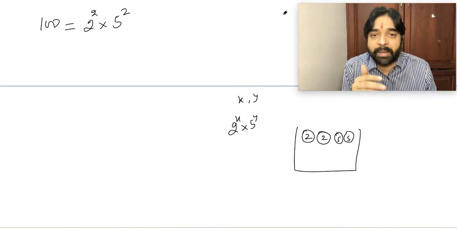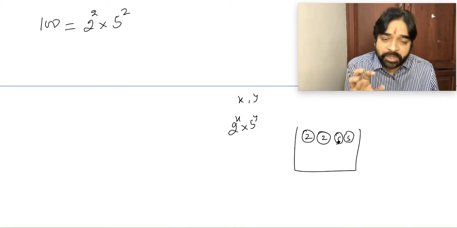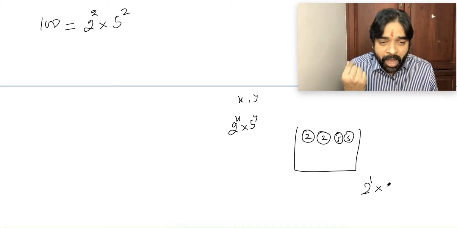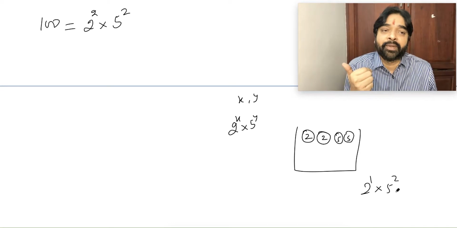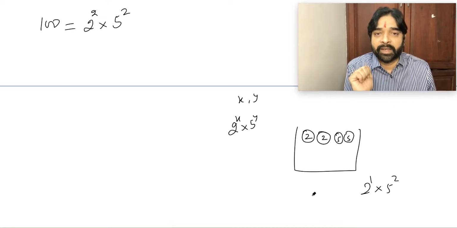That's the logic I am applying. Have you understood the point? So suppose you say I got one 2 and two 5s. Yes, that is a factor: 2 into 25, 50. 50 is a factor of 100. Are you getting my point?